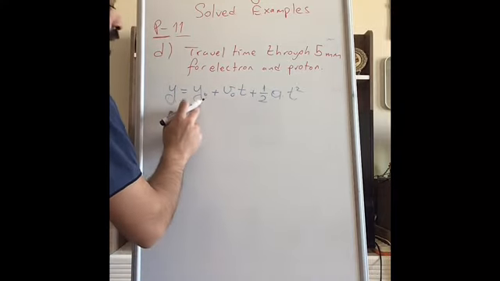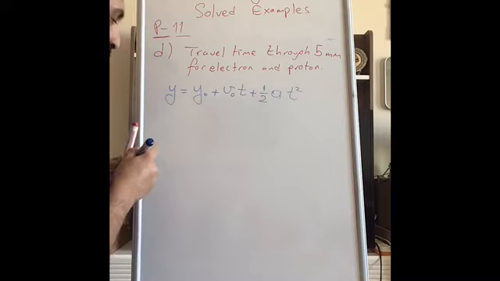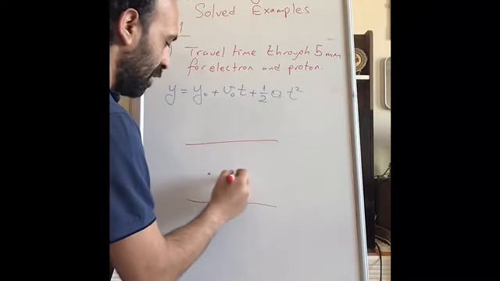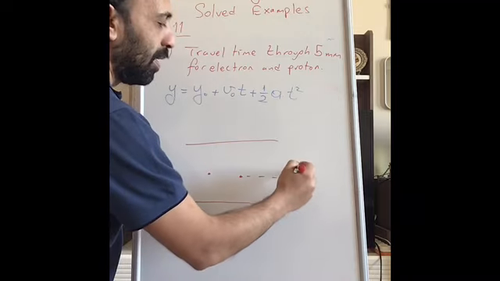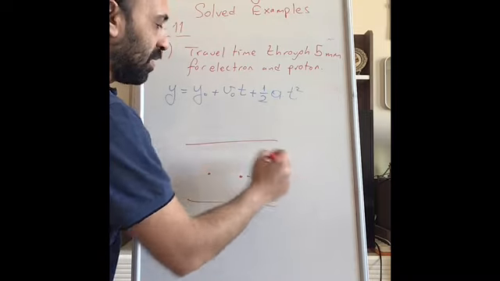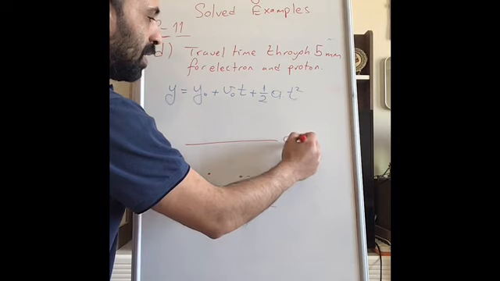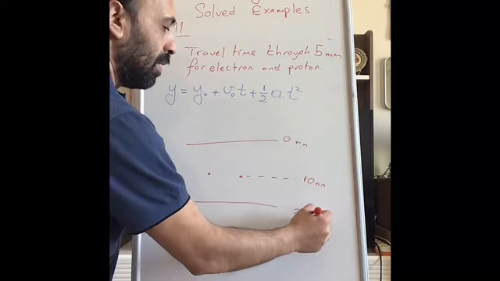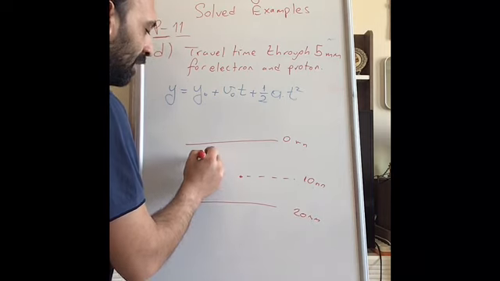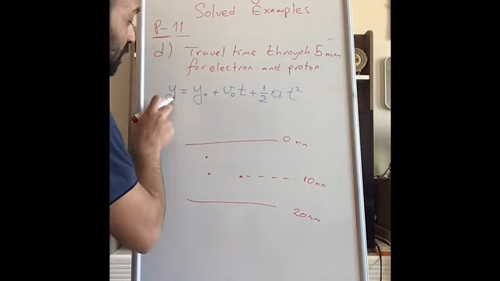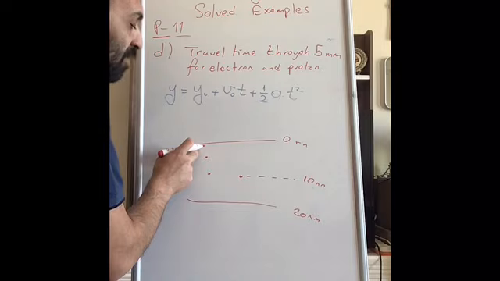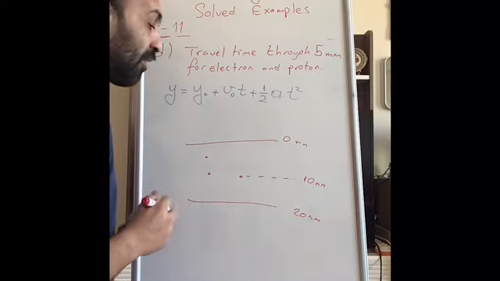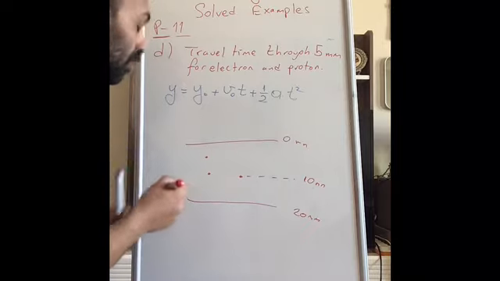And actually y0 is 10. Remember in the figure, if I draw it here, they were here in the beginning. It is 0 millimeter, it is 10 millimeter, it is 20 millimeter. After that, the electron's final position will be equal to 5 millimeter, while the proton's final location will be 15 millimeter with respect to our origin.